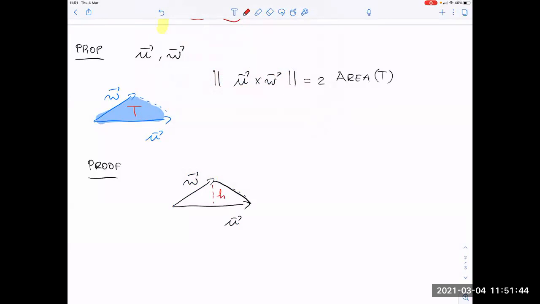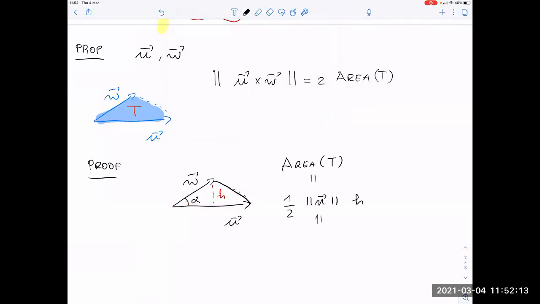So the area of the triangle is 1/2 the base length, magnitude of U, times h. But how do I compute h? Well, we know very well by basic trigonometry: if I know this angle here, h is going to be the hypotenuse times the sine of the angle.